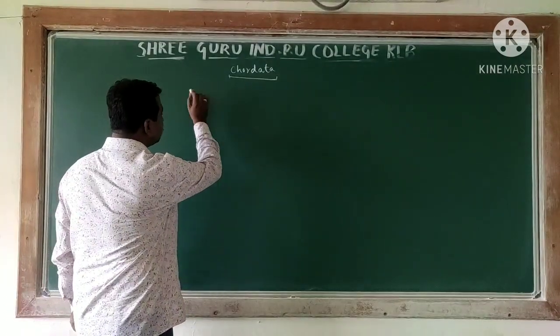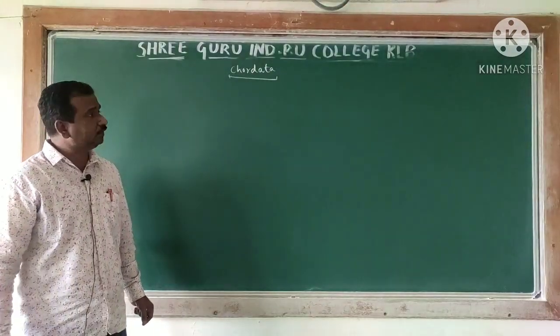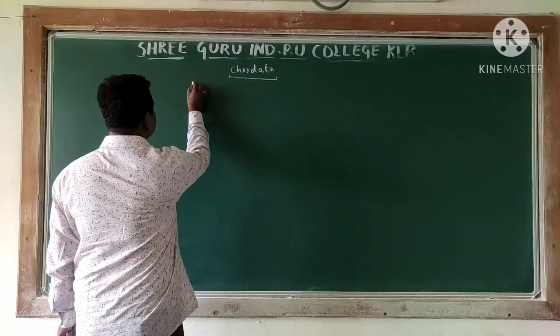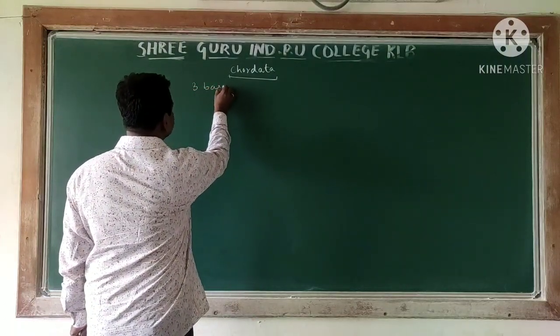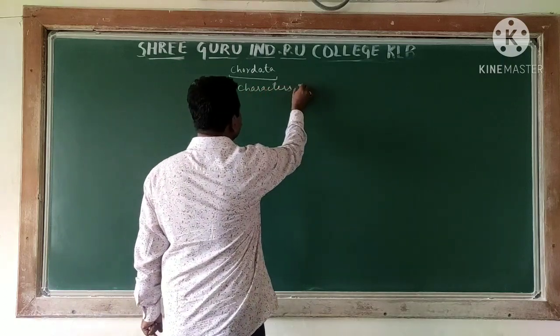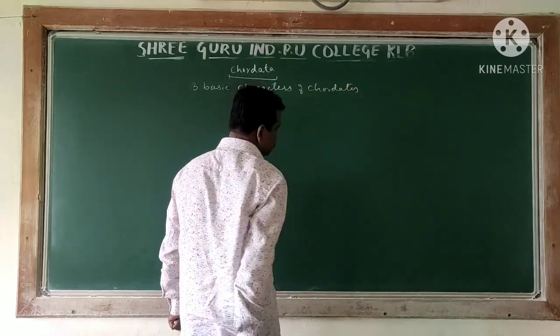What are the general characteristics of chordates? We have to say that there are three basic characteristics of chordates.